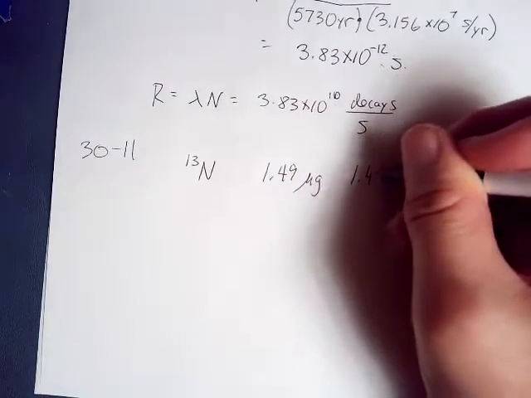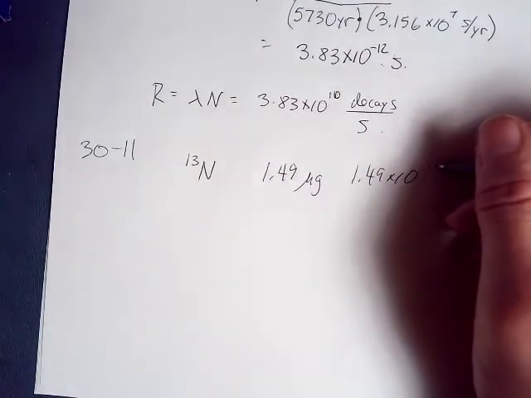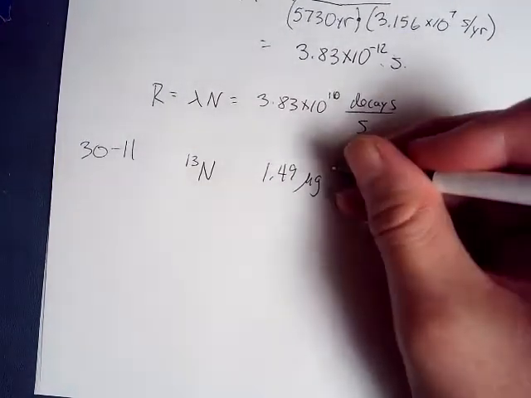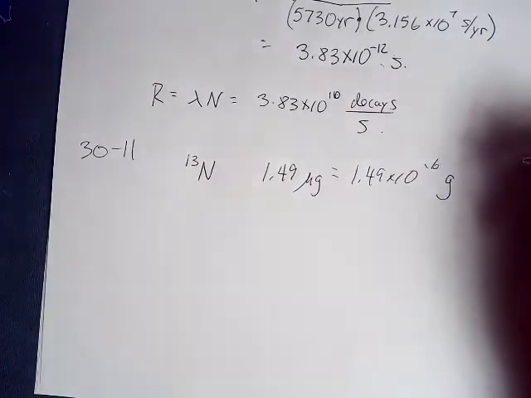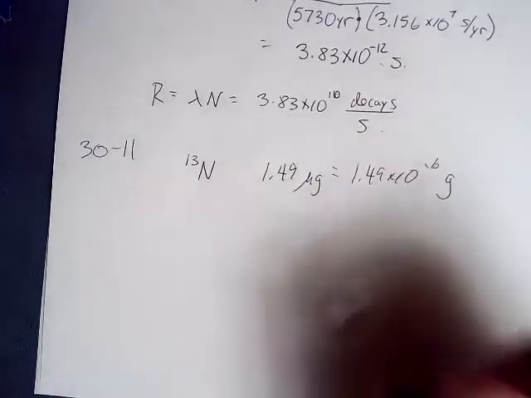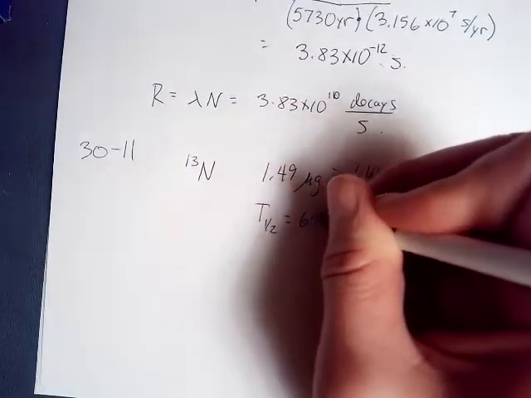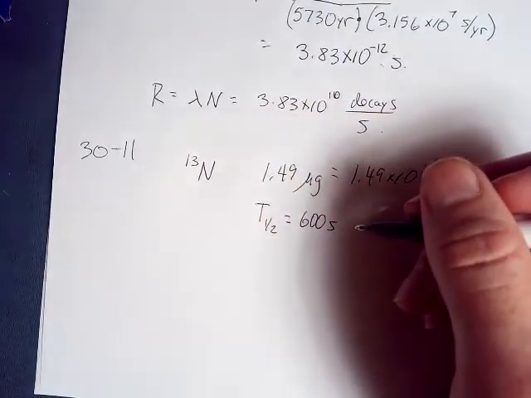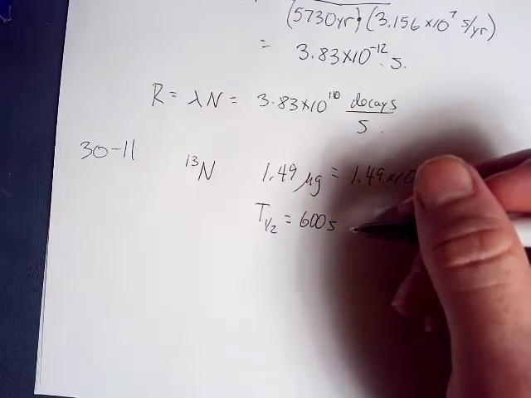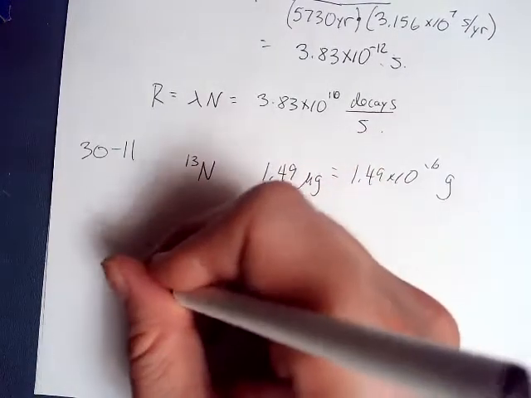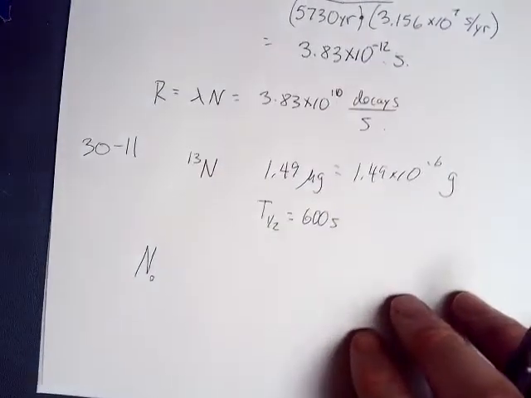So 1.49 times 10 to the negative 6 power grams, which has a half-life of 10 minutes, 600 seconds. So T1 half, 600 seconds. How many nuclei are present initially? Initially, so I'm going to call that N naught.